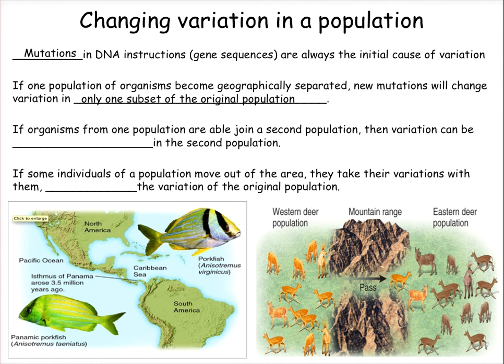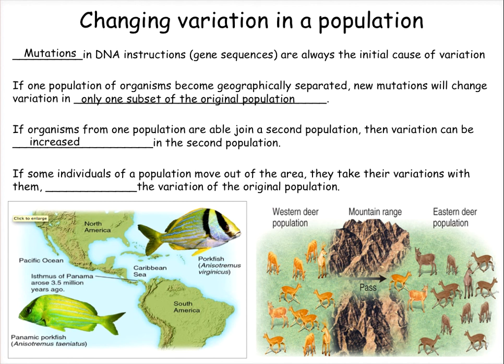Okay, the opposite phenomenon can also occur. For example, if organisms from one population are suddenly able to join a second population, then variation can be increased in the second population. This is because any new members joining a population will bring their alleles with them. They may be carrying some alleles that are useful in the new environment, and those variations can be spread through successive generations in the new population.